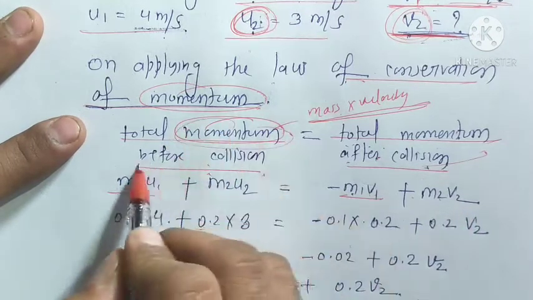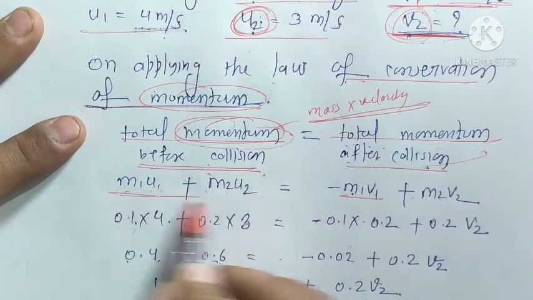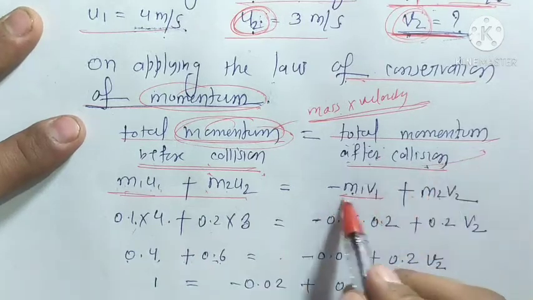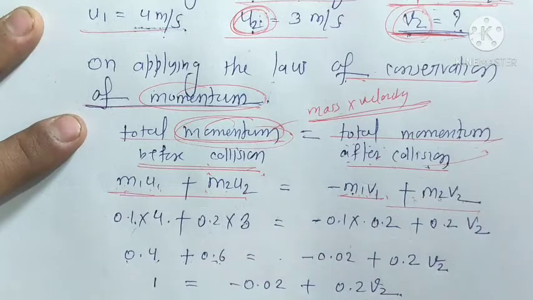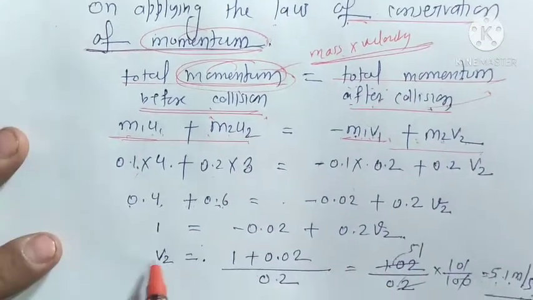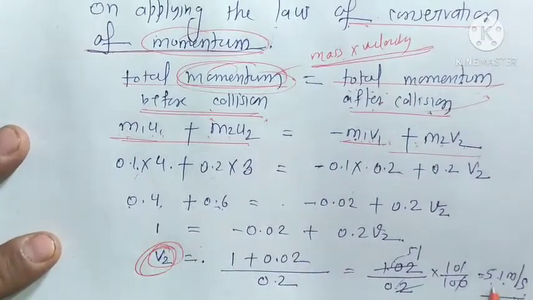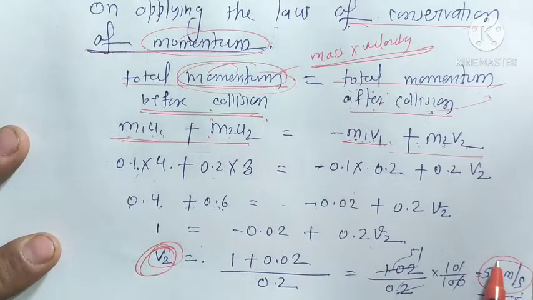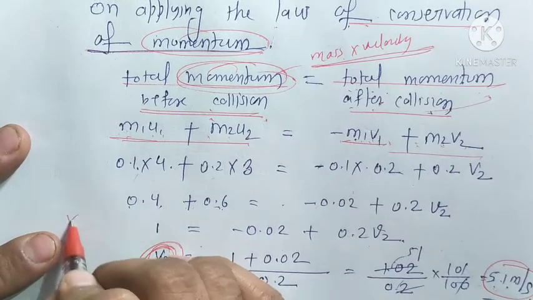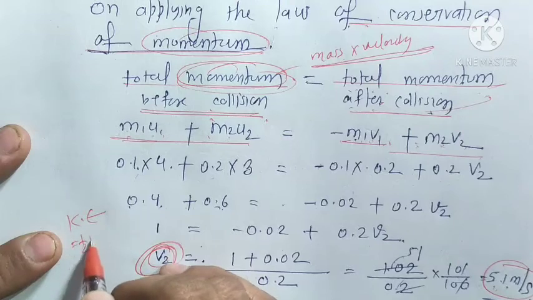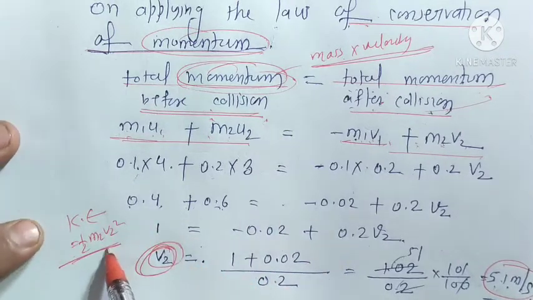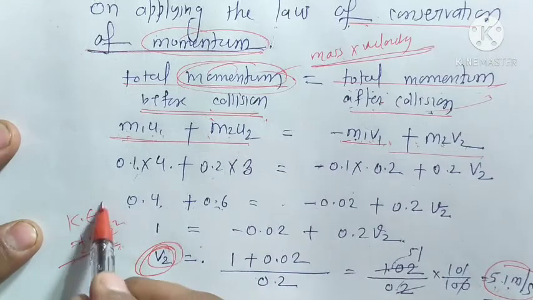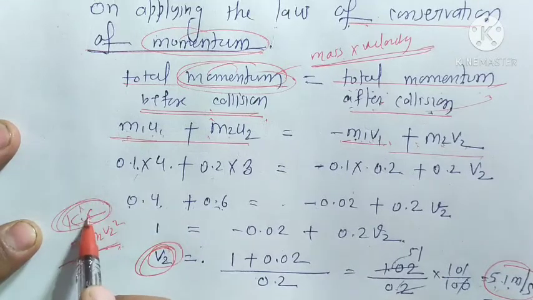Total momentum before collision is m1 u1 plus m2 u2, and total momentum after collision is minus m1 v1 plus m2 v2. After that we solve it and we get the final velocity v2 equal to 5.1 meter per second. Now we already know the formula of kinetic energy, half m2 v2 square. So we use this formula and put all the respective values here, then we get the final value of the kinetic energy of the second ball after collision.